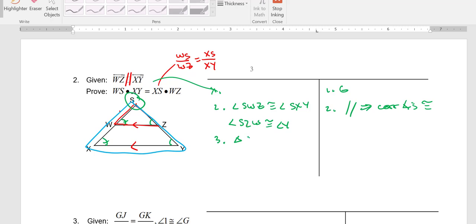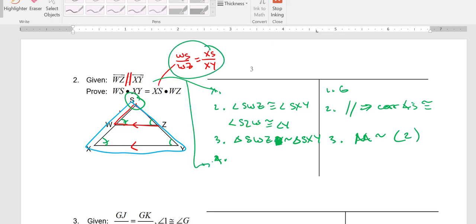So triangle SWZ is similar to triangle SXY by angle-angle similarity from step 2. And now, step 4, I can do this thing right here.